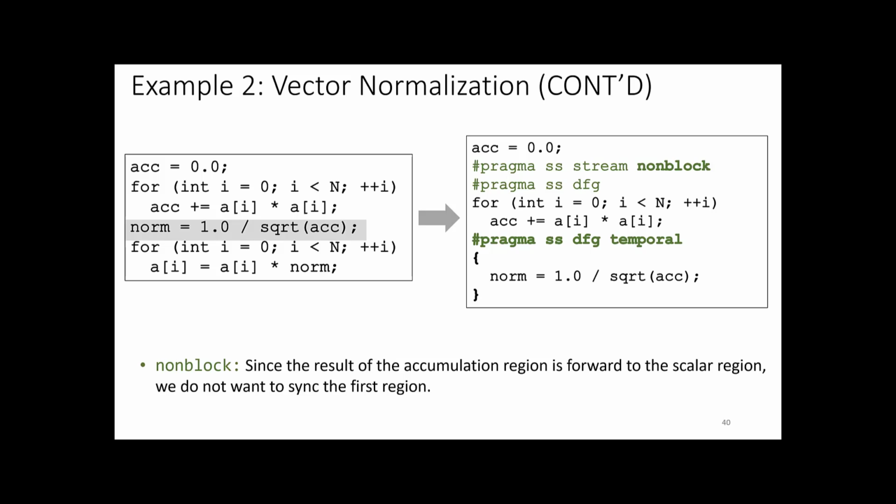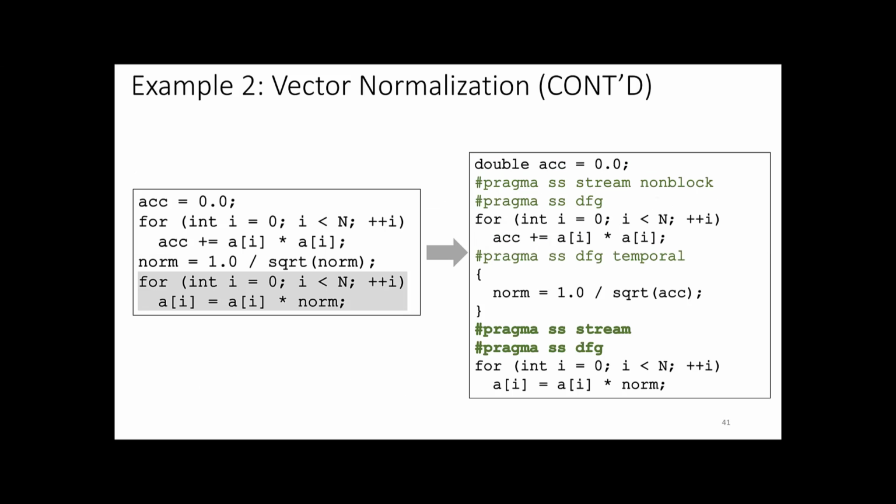It will be forwarded to the second region through the recurrence bus directly. And if we inject a SS weight there, the second region's output, the norm port, will have no destination to go. Then the SS weight will hang forever and give you an error. So we need to annotate the non-block to escape this.